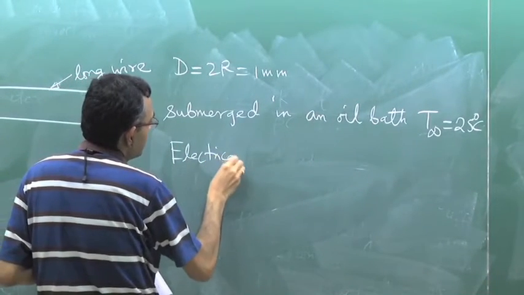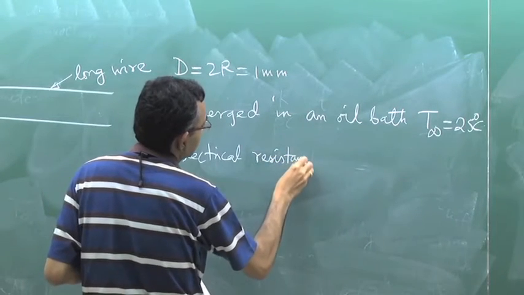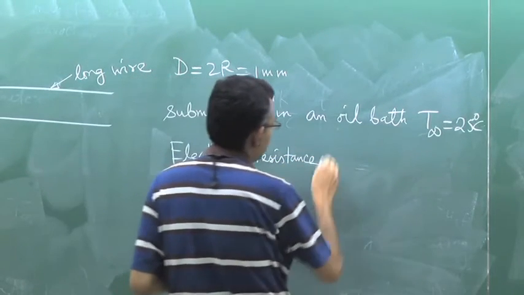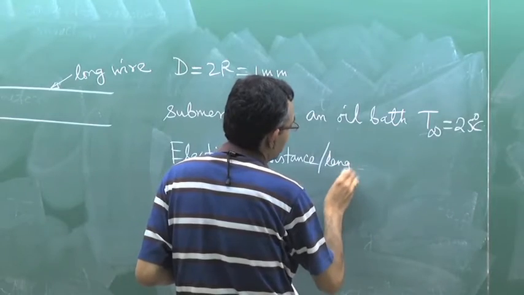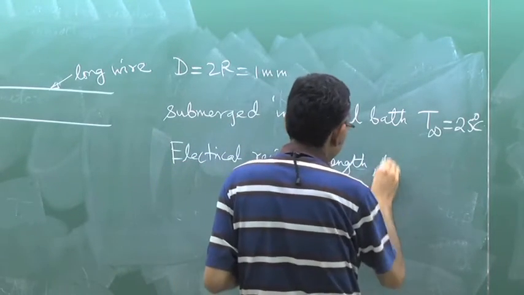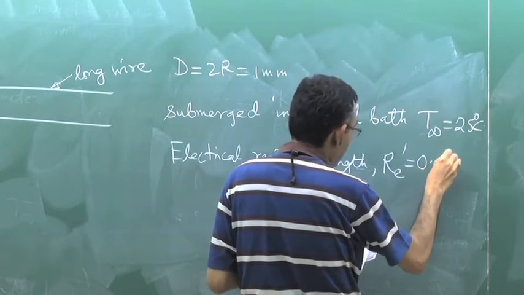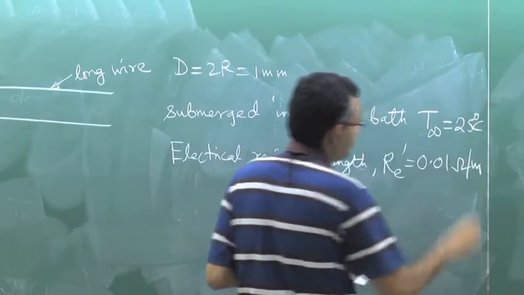Electrical resistance per unit length is 0.01 ohm per meter.